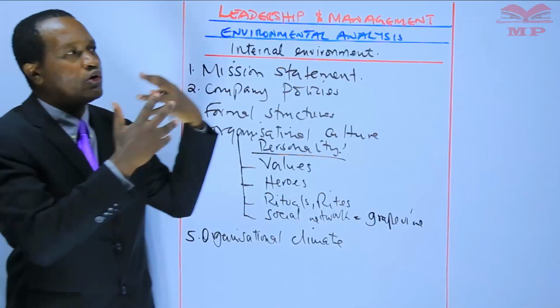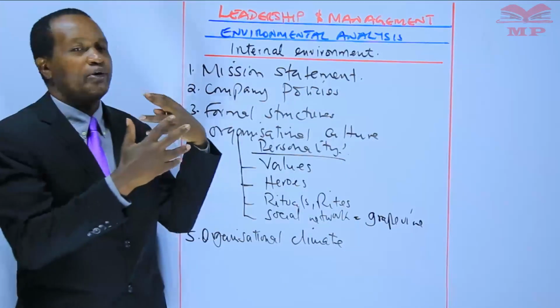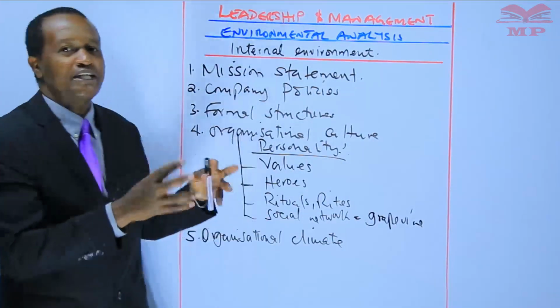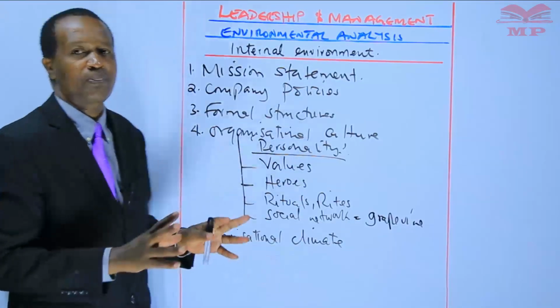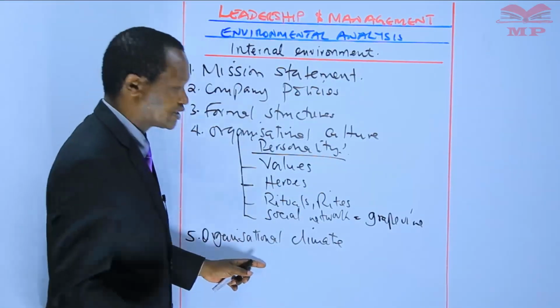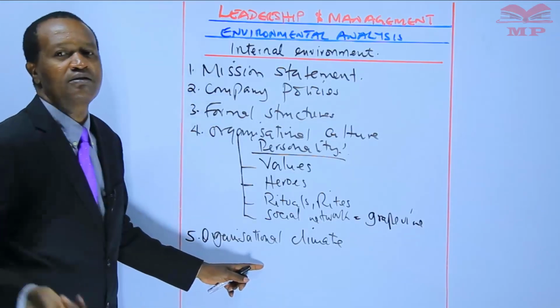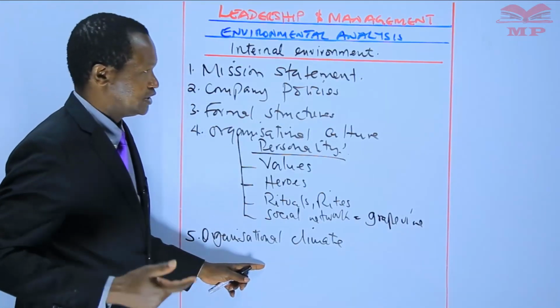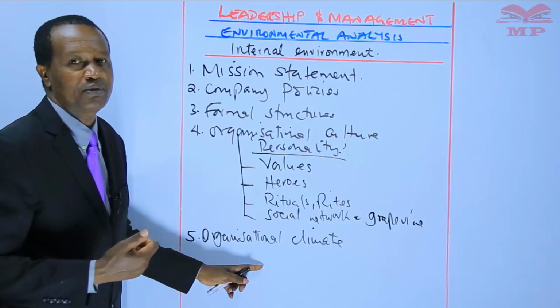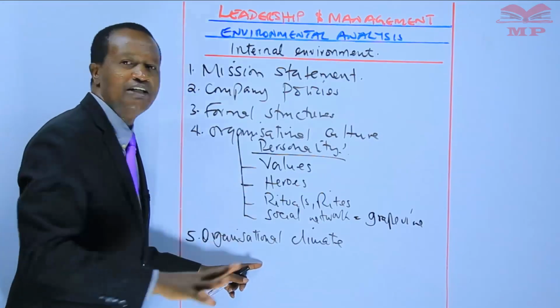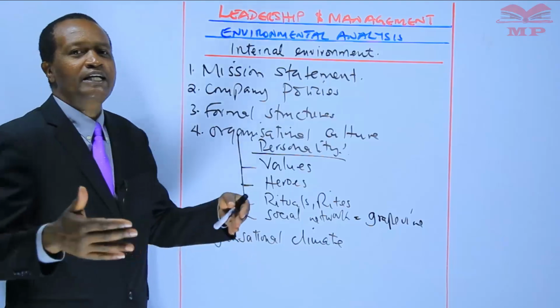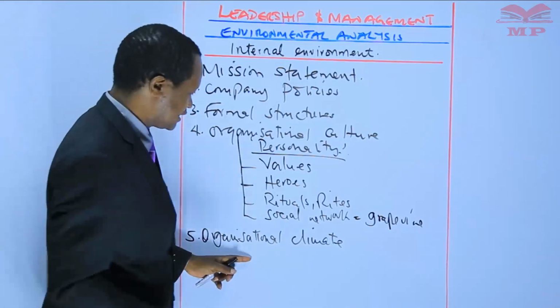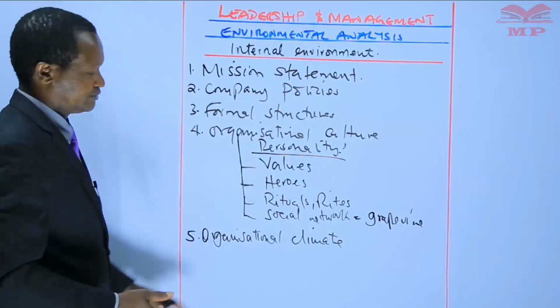Okay? The tone of the workplace and the morale of workers, those are just elements of the daily climate of an organization. The workers' attitudes, candidates, dictate the positive or the negative atmosphere of the workplace. And the daily relationships and interactions of employees are indicative of an organization's climate.